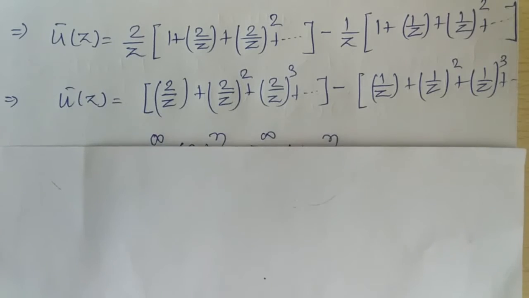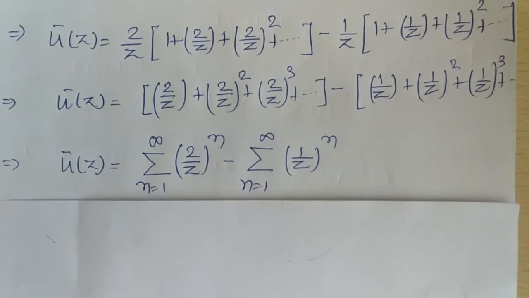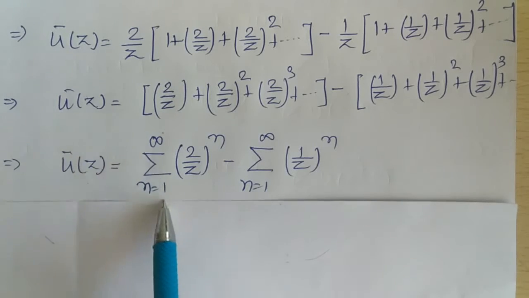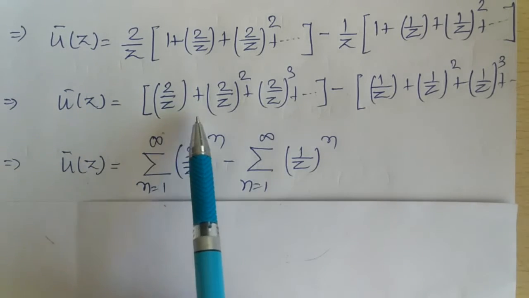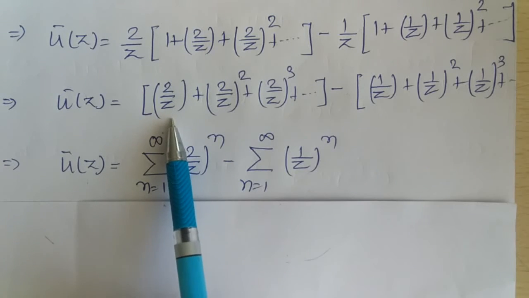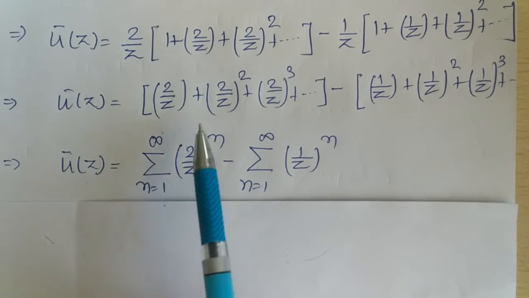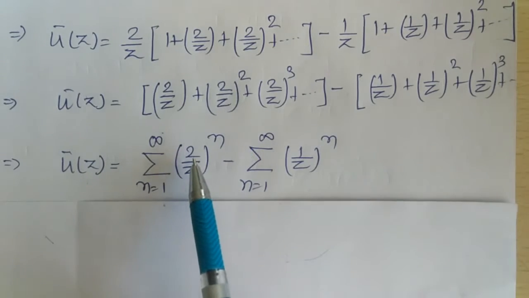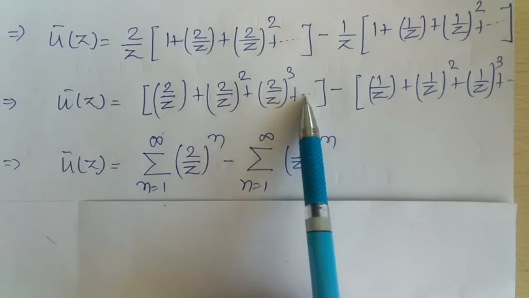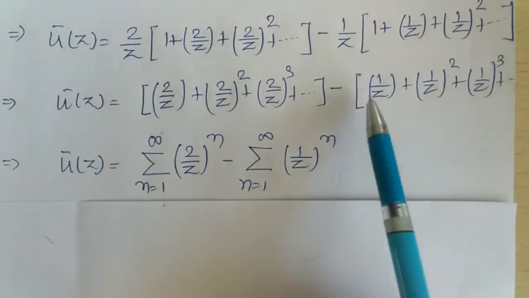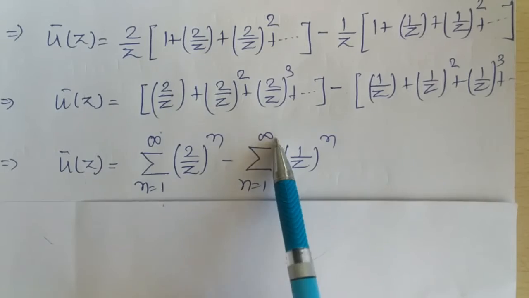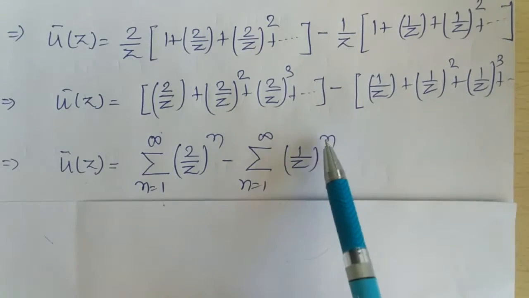Therefore, in the form of summation, we write u bar z is equal to summation n goes from 1 to infinite (2 by z) whole power n. For n equal to 1, we get 2 by z, plus for n equal to 2, we get 2 by z square, plus for n equal to 3, we get 2 by z whole cube, and so on, minus this series we write summation n goes from 1 to infinite (1 by z) whole power n.